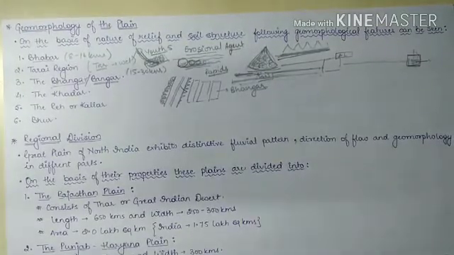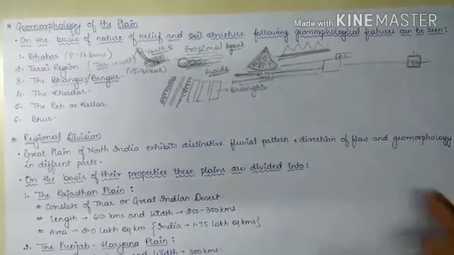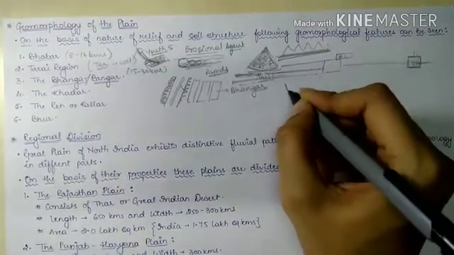This old alluvium's most characteristic feature is the calcareous concentration, which is also known as kankar. So Bhangar contains kankar, and the remnants of Bhangar are eroded by the river channels when their route changes or their level changes.